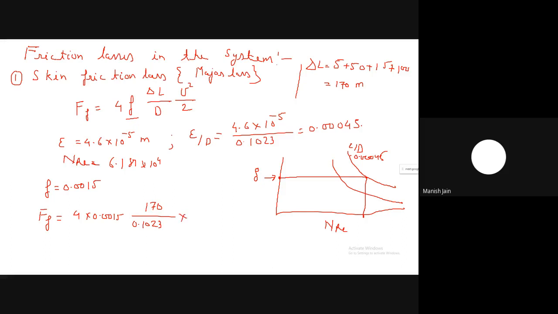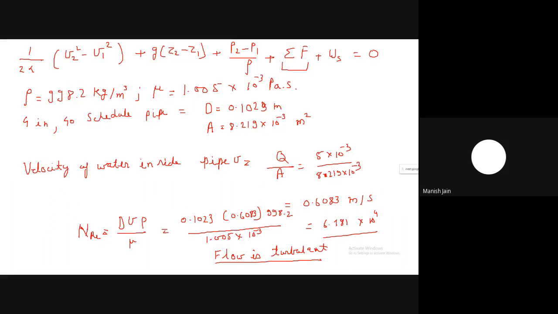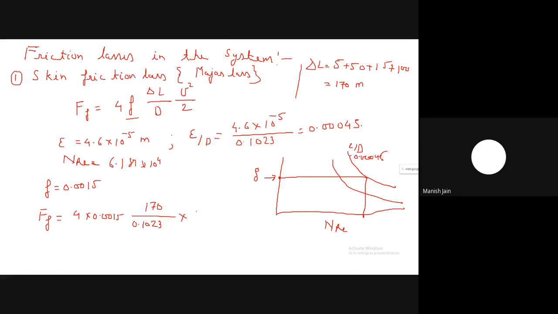The V value is calculated as 0.6083, so 0.6083 square divided by 2. This is the delta F. It will come as 6.272 joules per kg. This is the unit of the friction loss.